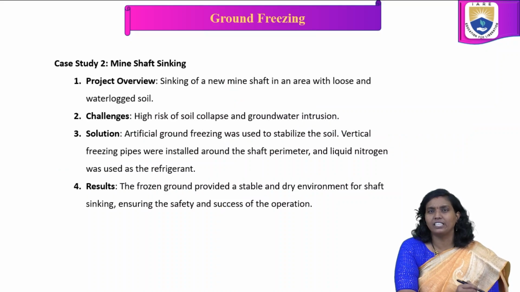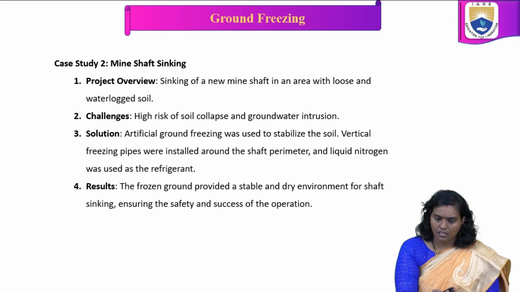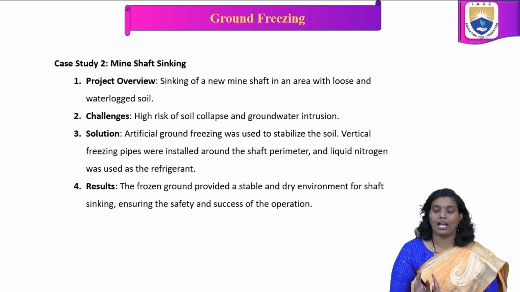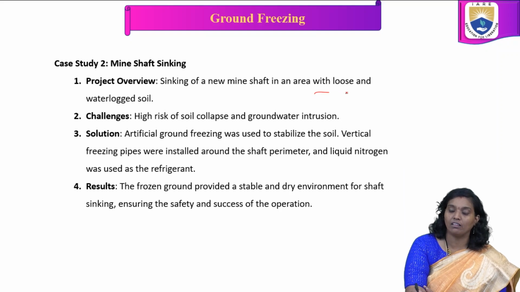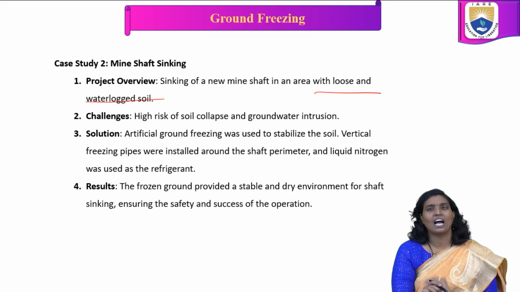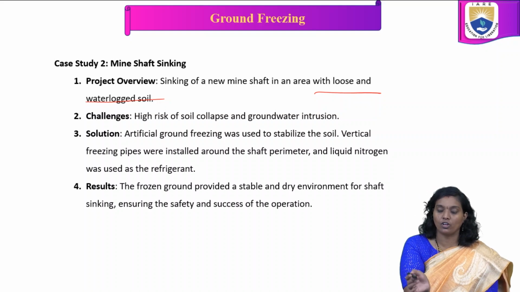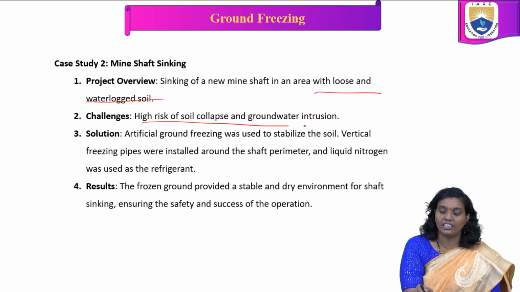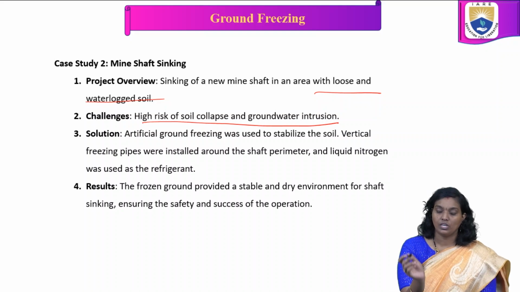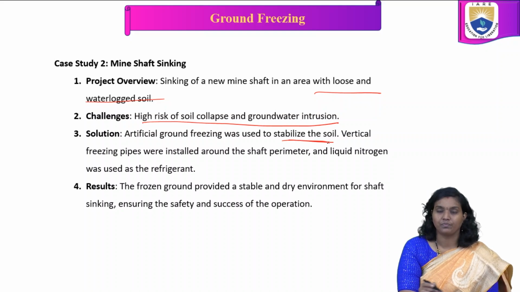Next, mine shaft sinking. In this project, we consider sinking a new mine shaft in an area with loose and waterlogged soil. The challenge is a high risk of soil collapse and groundwater intrusion. The solution: artificial ground freezing was used to stabilize the soil.